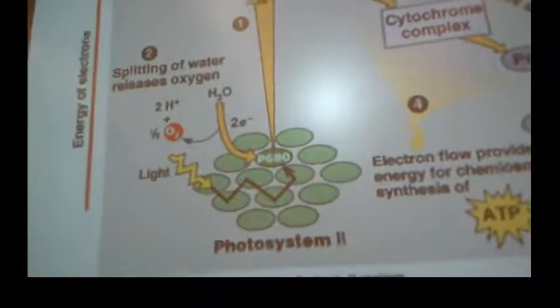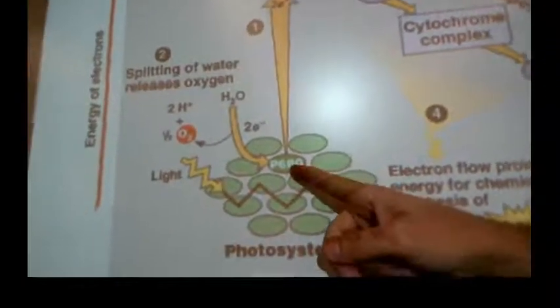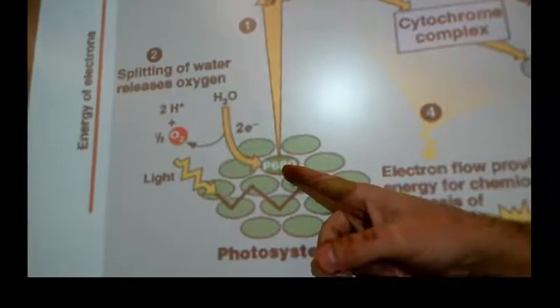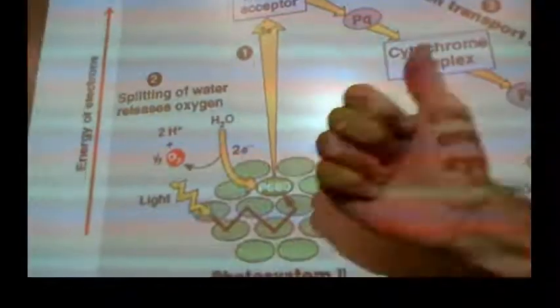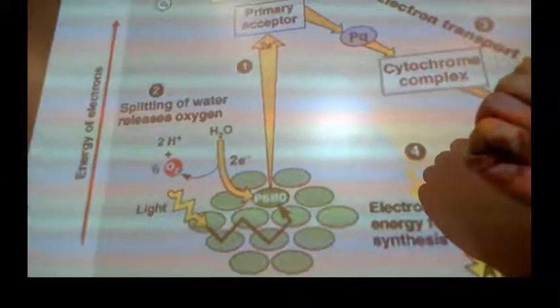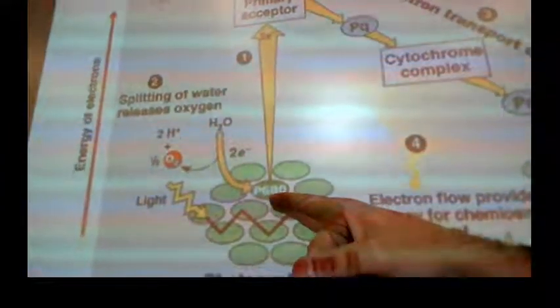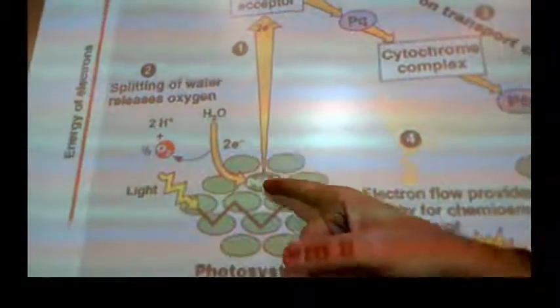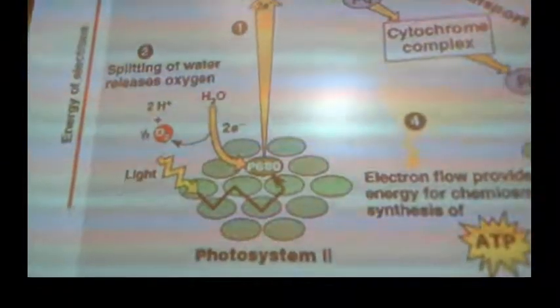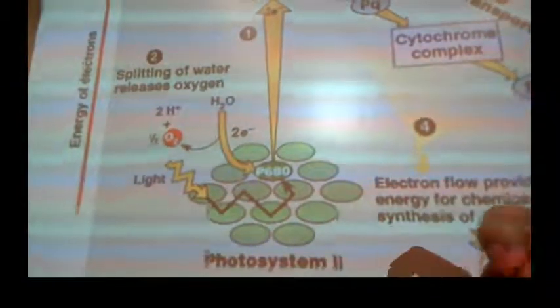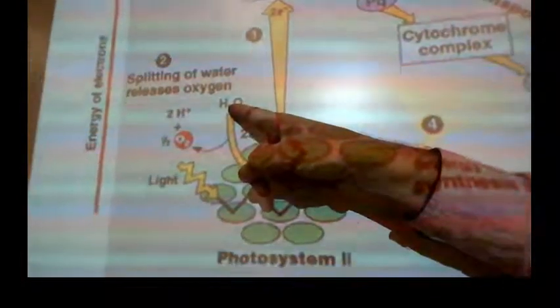Okay? So as these electrons are excited, they're going to physically leave and wind up in NADPH, which is over here. So we have to have a way to replenish the source of electrons so that we can keep making NADPH. Those electrons come from water.